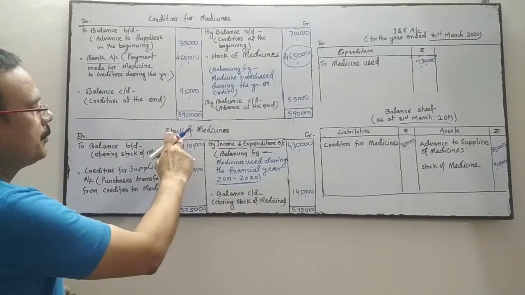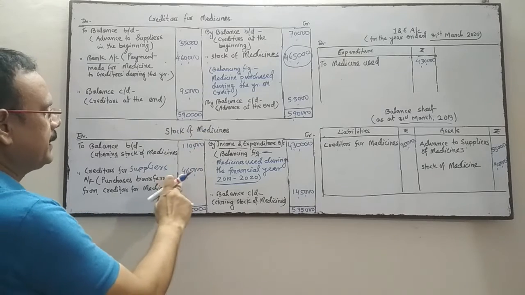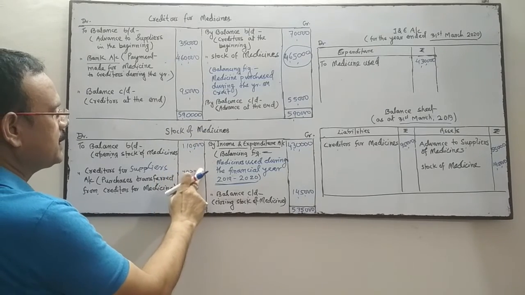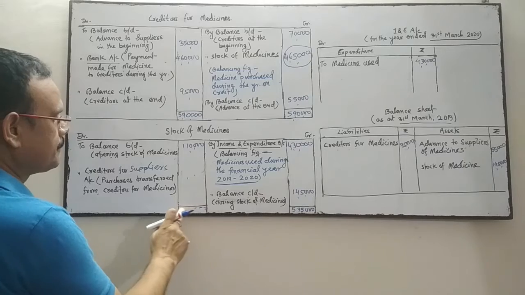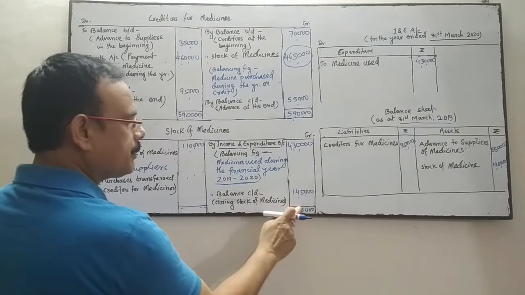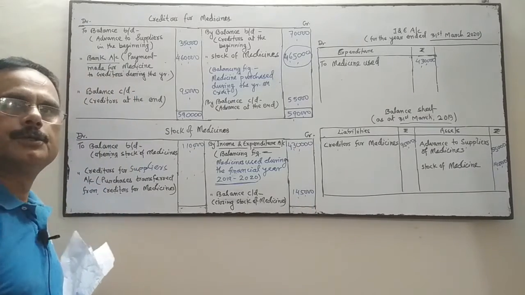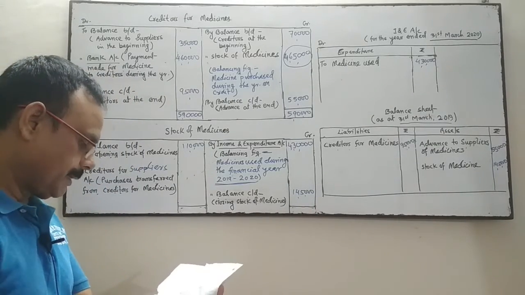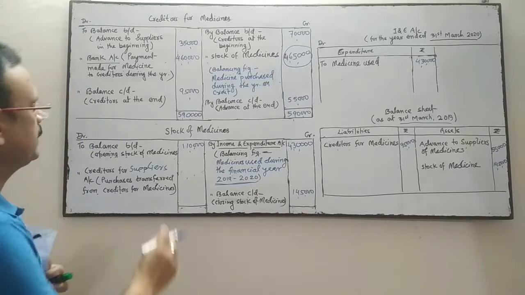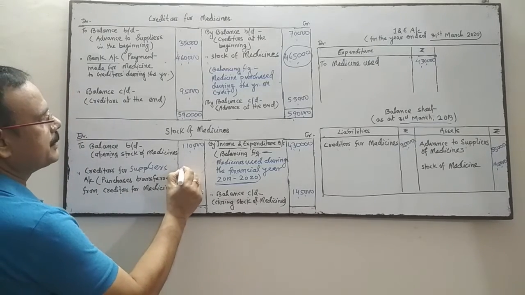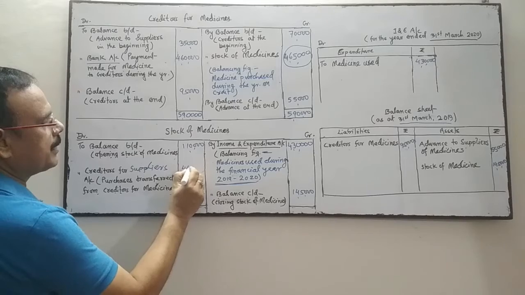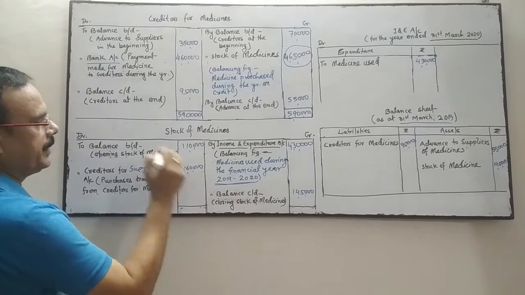I am going to operate only the stock of medicine ledger, and here I am going to make the changes like this in question number 2. So purchase of medicine during the year is 4,60,000. I'm going to write 4,60,000 over here.